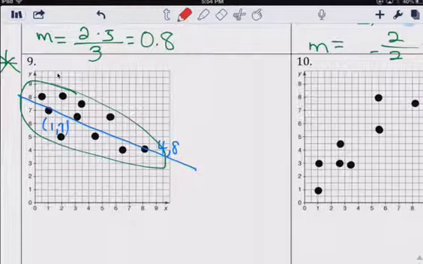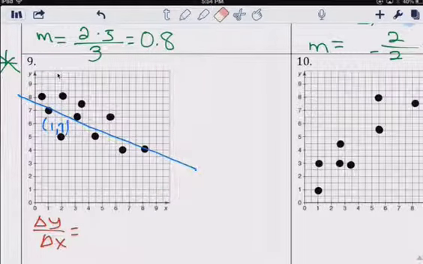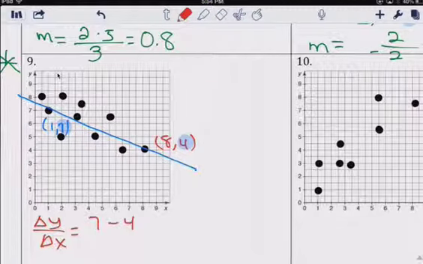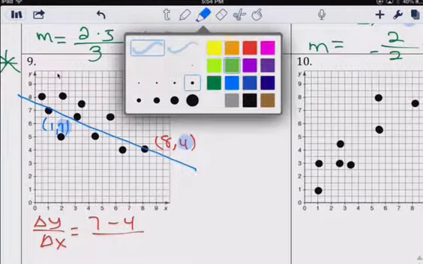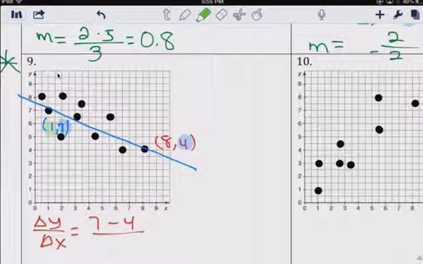So you got change in y over the change in x, which equals change in y, which goes from, oh, I'm sorry, this is wrong right here. This is 8, 4, like that. The y goes from 7 to 4, and x from 1 to 8.